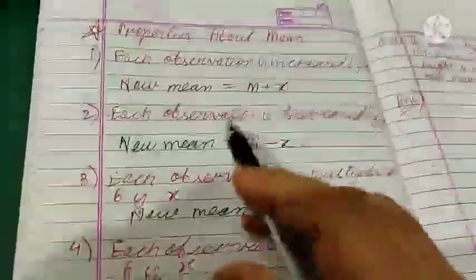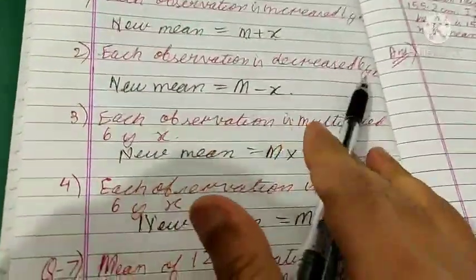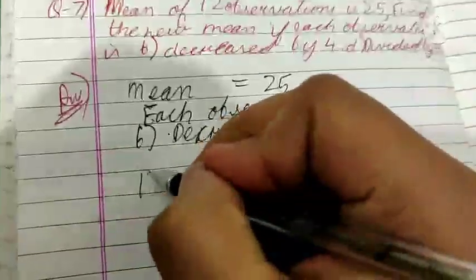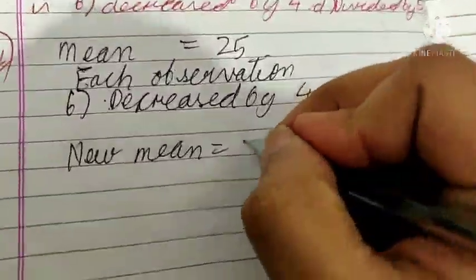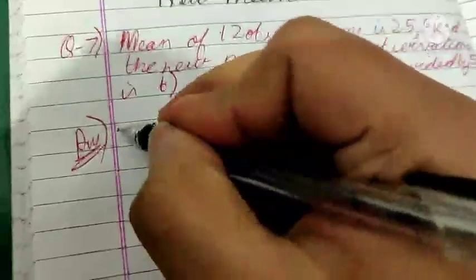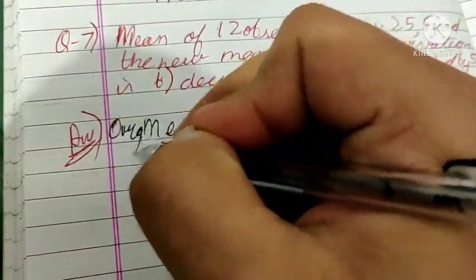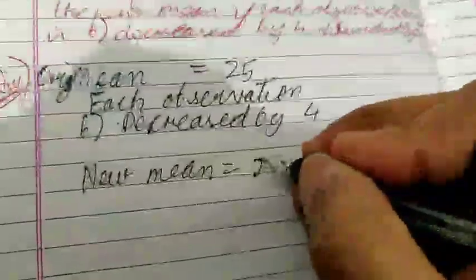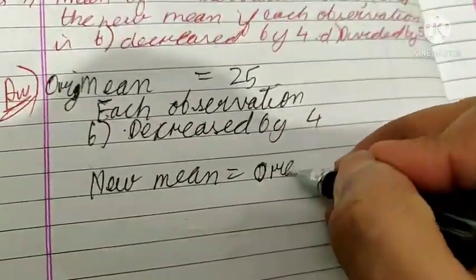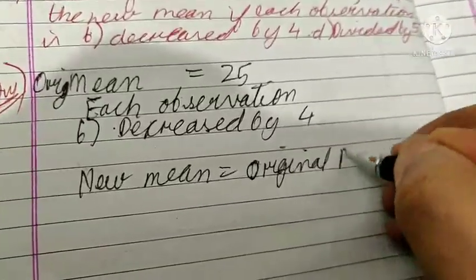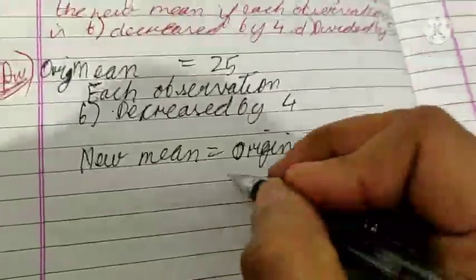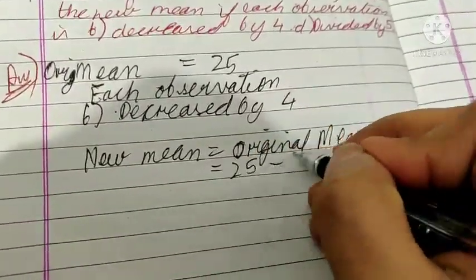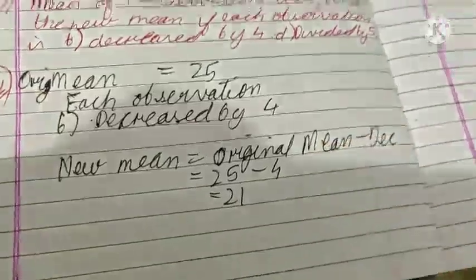As per the property, if each observation is decreased by some number x, the new mean becomes the original mean minus the decrease. So the original is 25, the decrease is 4, so it is 21.